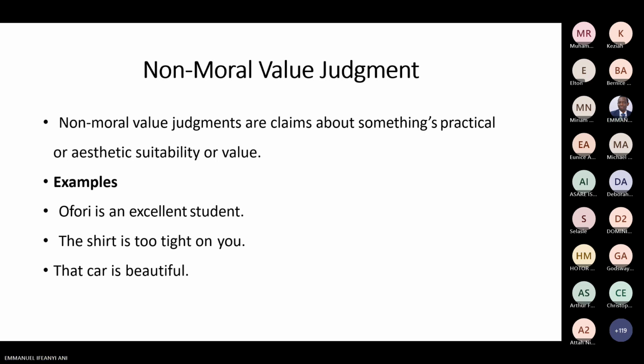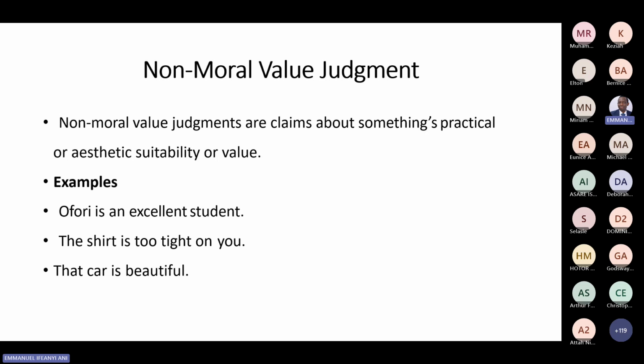Examples. Fori is an excellent student. That shirt is too tight on you. That car is beautiful. The first two are practical values. Excellence is a practical value, being excellent.